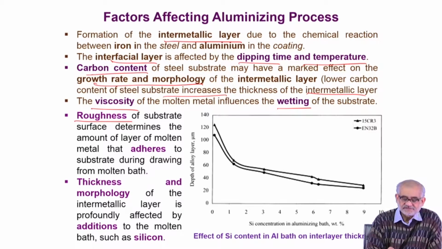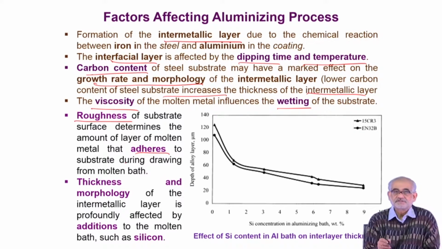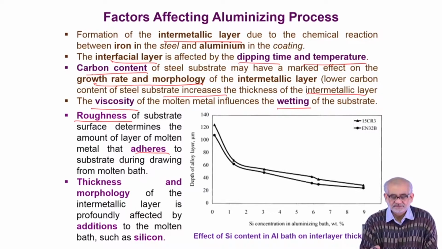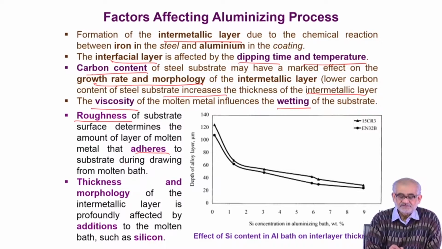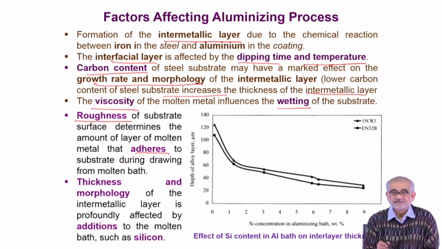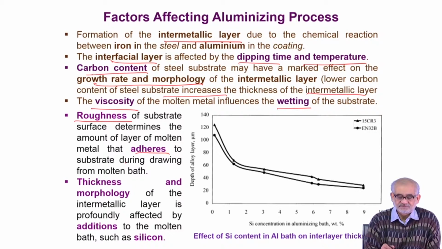So roughness of that surface is important because generally the adherence to some extent depends on the surface roughness. In fact, a little bit of roughness is actually beneficial because it causes a pegging effect or mechanical interlocking effect. But if it's too rough, then the penetration will be non-uniform and the tip will get a thicker coating, and as a result the tip may get dislodged because of the brittleness developed.